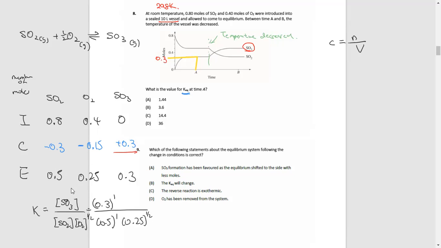But we now need to actually work out the concentrations. So the concentrations would be everything divided by 10. So when it comes to concentrations, this would be 0.05, 0.025, and 0.03. So it would be more appropriate to sub those numbers in and see what we get.